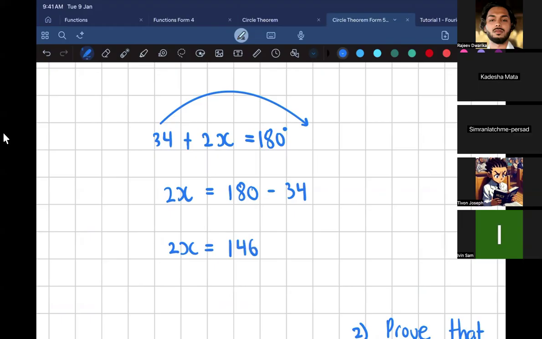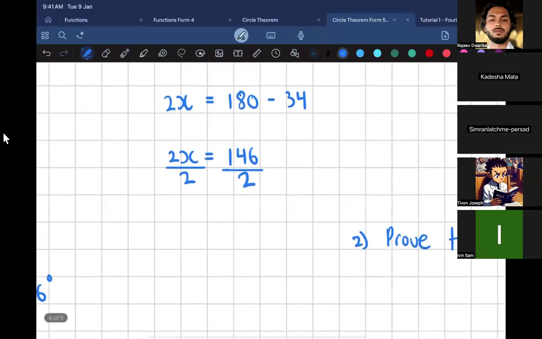I want to find 1x, but I have 2x. So if I have 2 of something and I want to find 1, what do I do? You carry the 2 across and it turns into division. So x would just be equal to 146 divided by 2, which is 73 degrees.